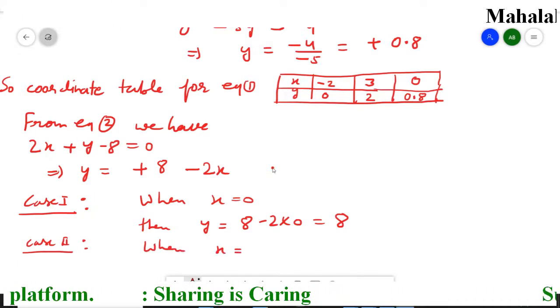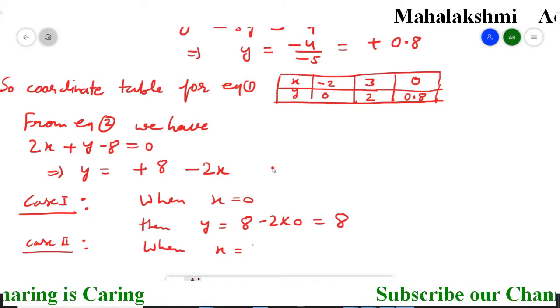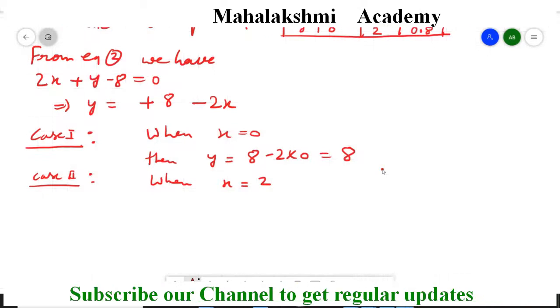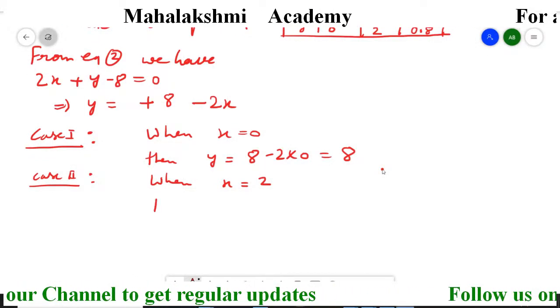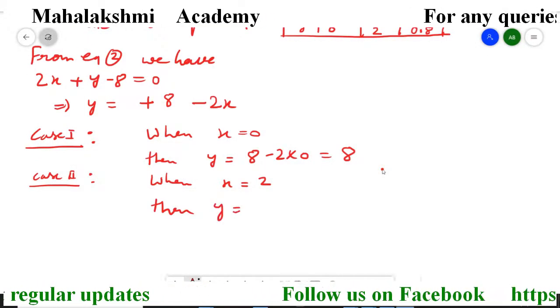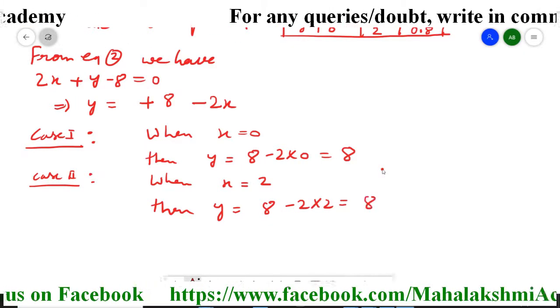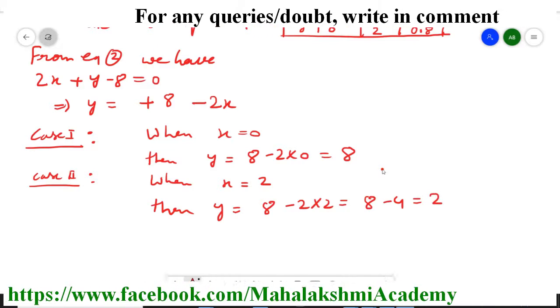When x is equal to 2, then y is equal to 8 minus 2 into 2, that is 8 minus 4, which is equal to 4.